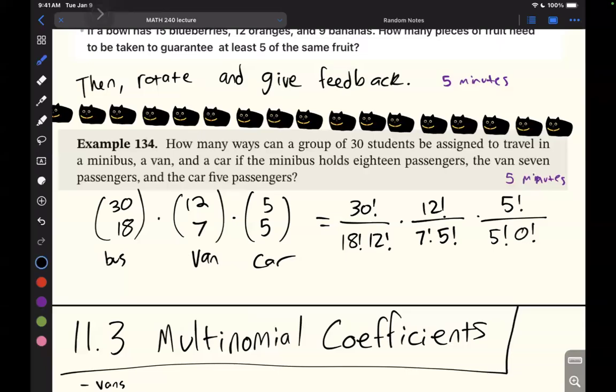Okay, we can cancel some of this stuff out. So 12 cancels out, 5 cancels out. And so we end up with 30 factorial over 18 factorial times 7 factorial times 5 factorial times the secret 0 factorial, which is just 1, so we can ignore it.